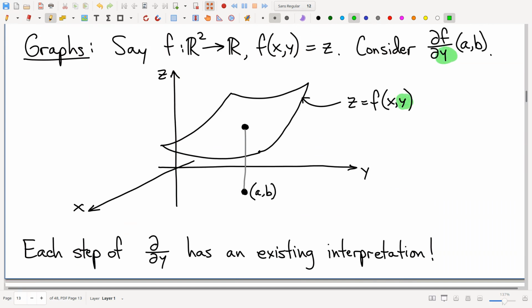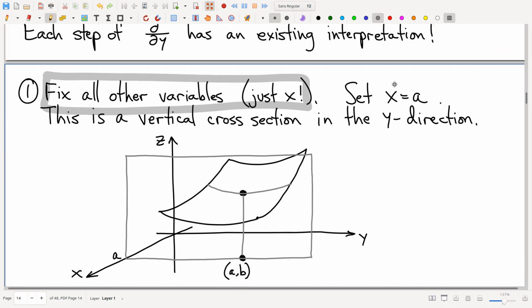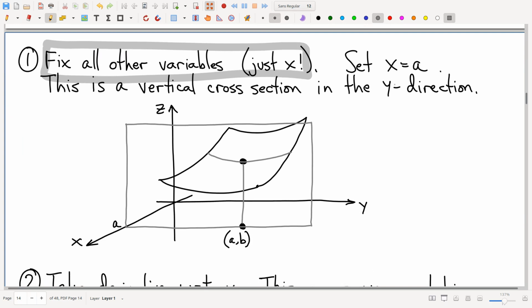Y remains a variable. That means that my other variable, there's only one other input variable, is x. That means x has to stay constant. Keeping in mind that we start at this point (a, b), where x is a, that means x is going to have to stay at that value a. Right, so for the purpose of this computation of the y partial, x is fixed constant at a.